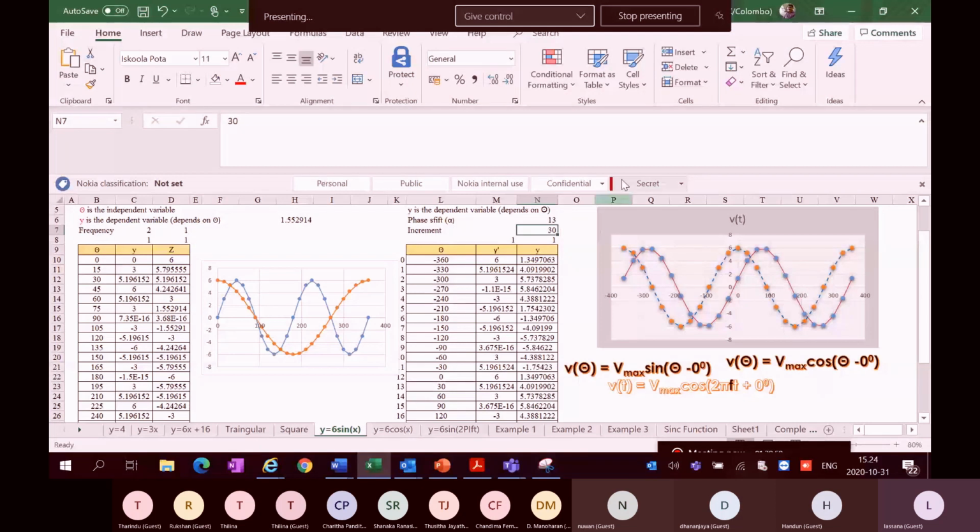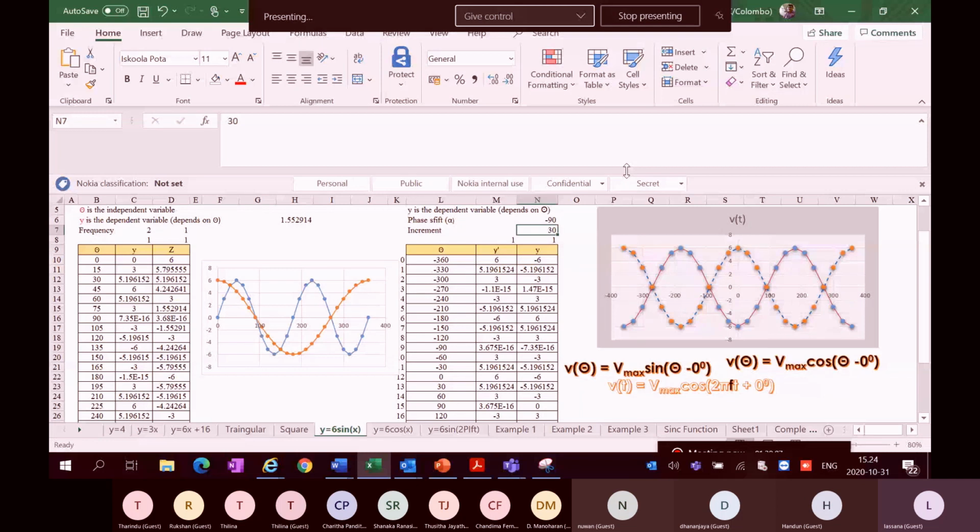Therefore, when you put plus 90 phase angle, your sine graph becomes a cos graph. You may remember when you did trigonometry in your A level, you did sine of (90 minus theta) equals cos theta.